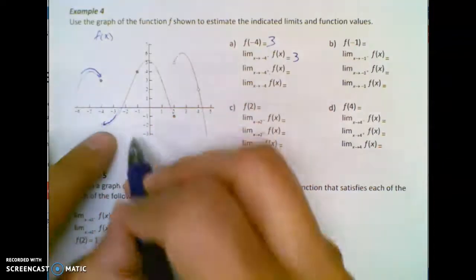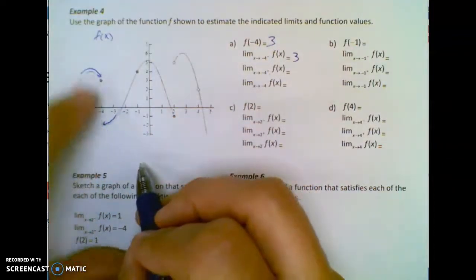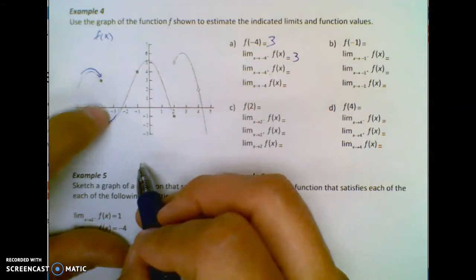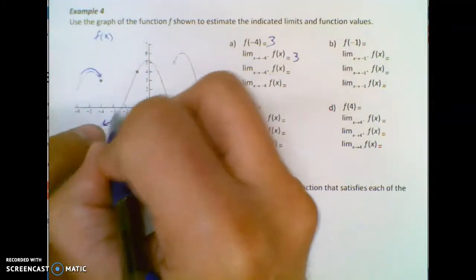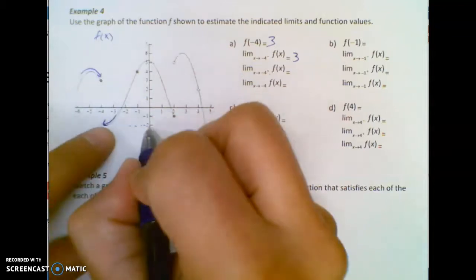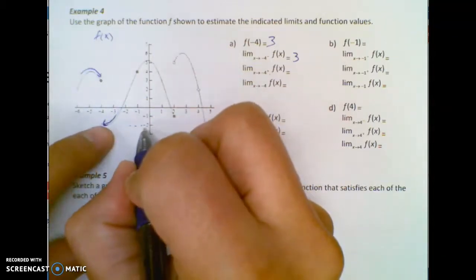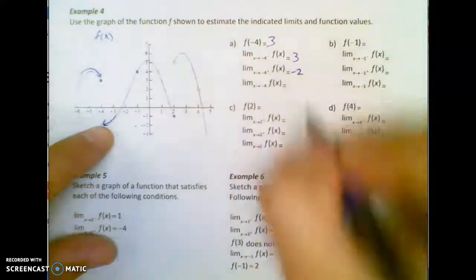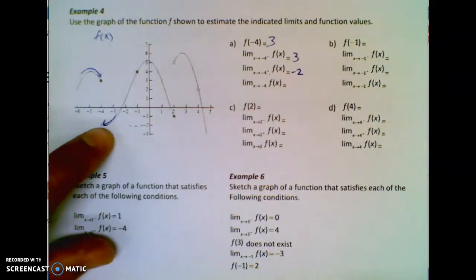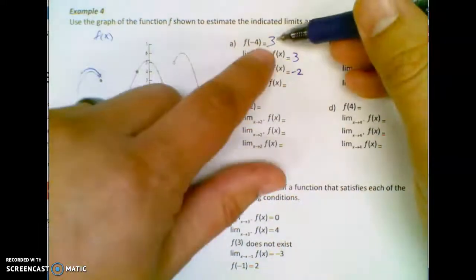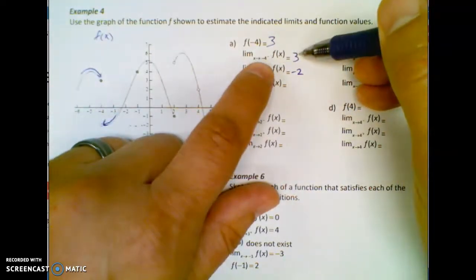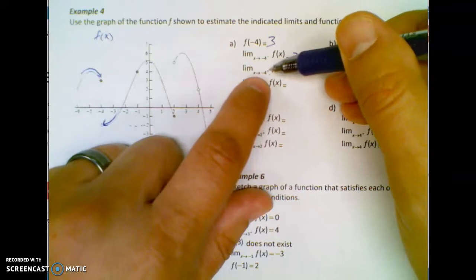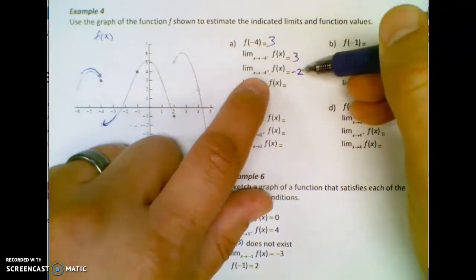It doesn't have to actually get to -4, because if you plugged in a -4, it would jump back up here. But if I'm writing this down, it's approaching this height. It's getting closer and closer to a -2 from the right. So the actual point's at a height of 3. If I approach from the left, I'm at a height of 3. If I approach -4 from the right, I'm at a -2.